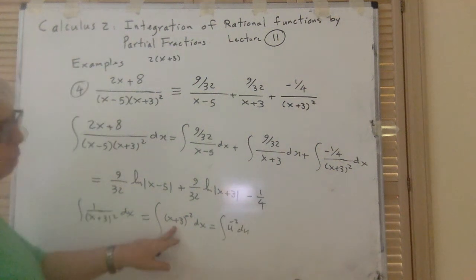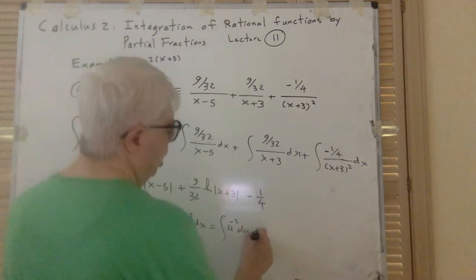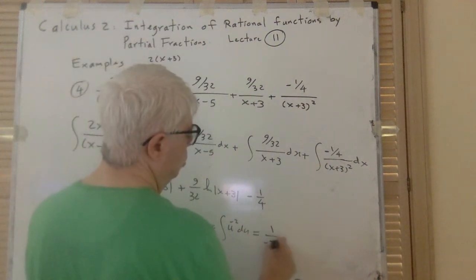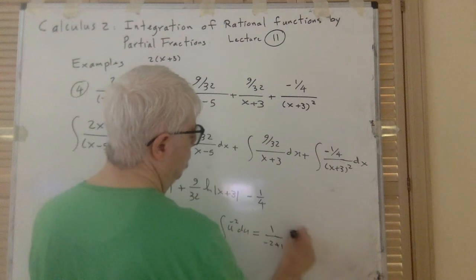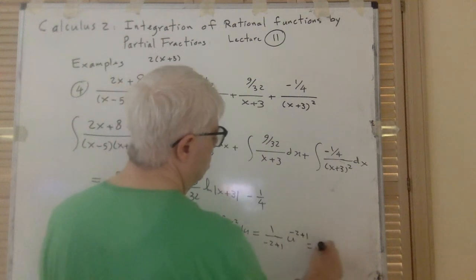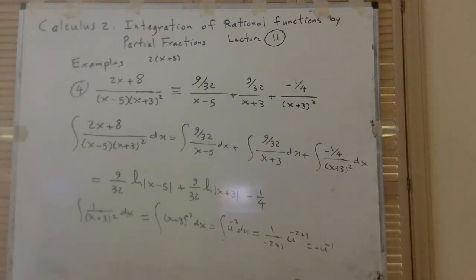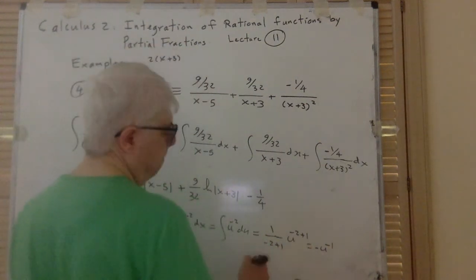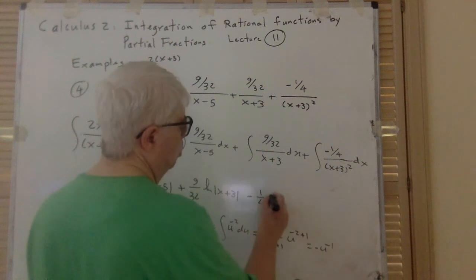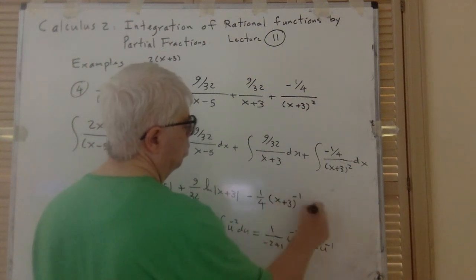If you put u here, then dx is du, and that is 1/(-2 plus 1), u to the negative 2 plus 1. So it is minus u to the negative 1. That's minus u to the negative 1. So that is minus (x plus 3) to the power negative 1 plus c. There's no absolute value here.